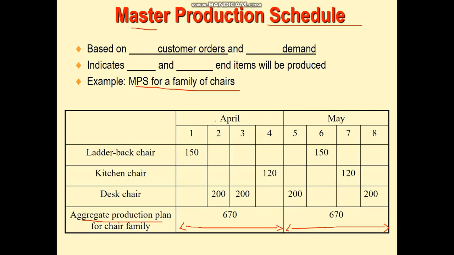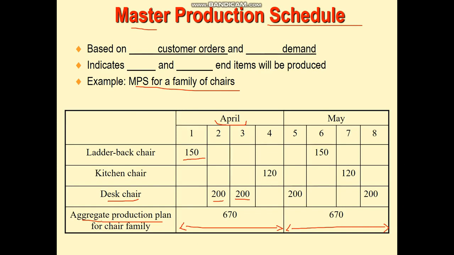So we want to know in each week in April or May how many items we should produce. Here we can see that for the ladder back chair, we should produce 150 in week 1, and in week 2 we will produce 200 desk chairs, and in the third week of April we will produce another 200 desk chairs as well.